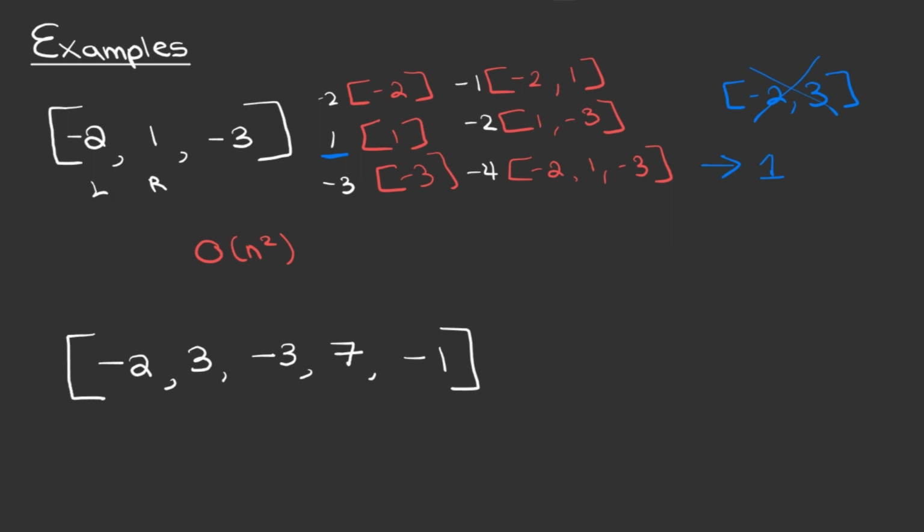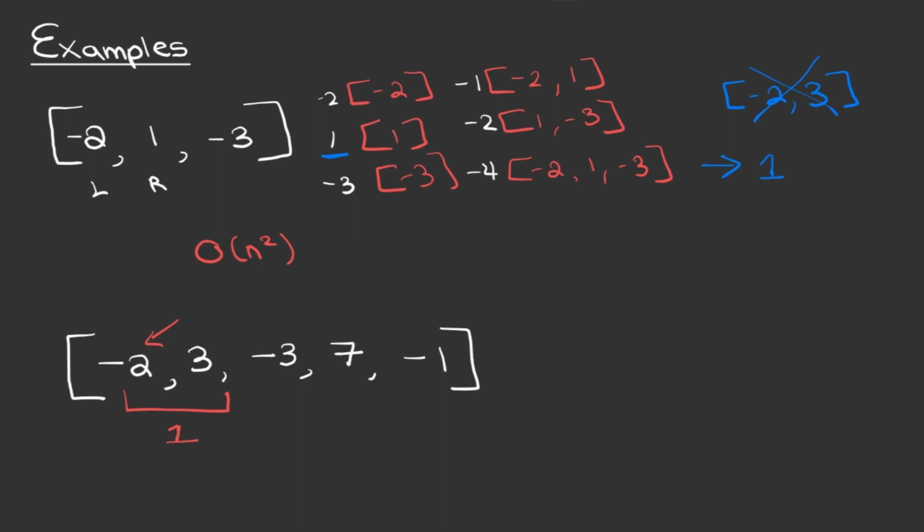Looking at the second example, we can actually solve this problem using one traversal throughout the array. For example, if we begin with the subarray containing only -2, we see that the sum is -2. But if we include the element 3 in the subarray, we see that the sum of the subarray is 1. Basically what this means is that the -2 has no impact on the maximum subarray.